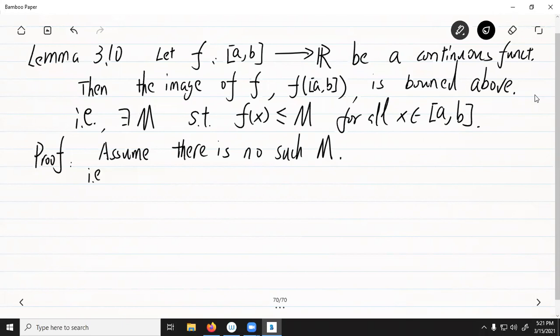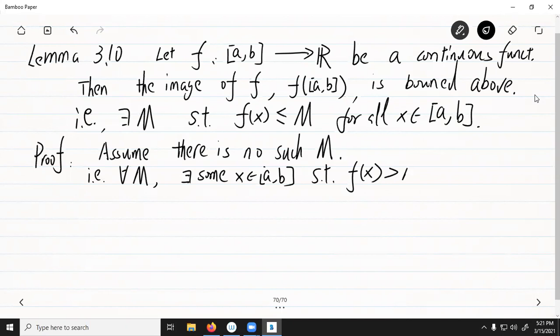In other words, for any M, there exists some x in [a, b] such that f of x is greater than or equal to M. So this is called not bounded above.